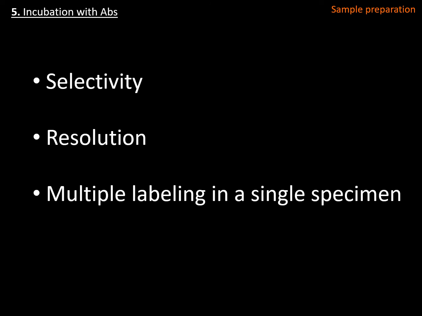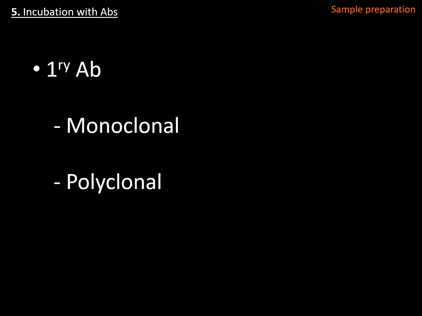After blocking, you have the incubation with the antibodies itself. For this, we rely on the selectivity of the antibodies, their capacity to give us the resolution that we need to pinpoint a single molecule in the middle of a hugely heterogeneous sample, and as well the capacity to label multiple targets in a single specimen, which is quite useful if you want to see interactions and co-localizations.